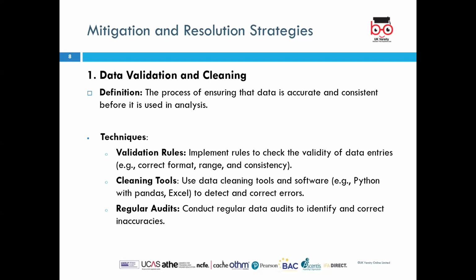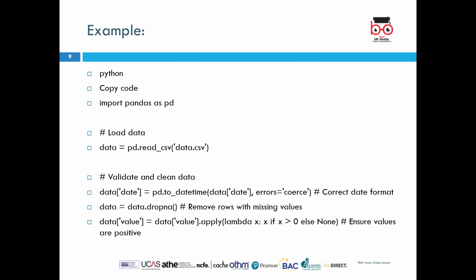Regular auditing: we conduct regular data auditing to identify and correct inaccuracies. Here we have an example of data validation by working with the Pandas library, where we validate and clean our data.